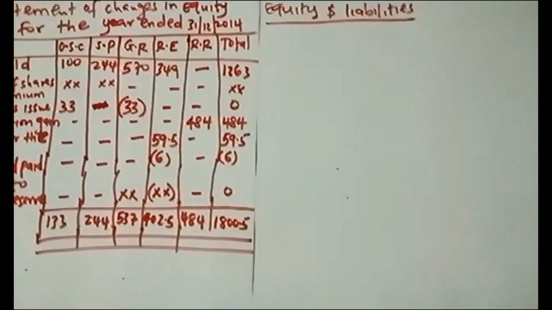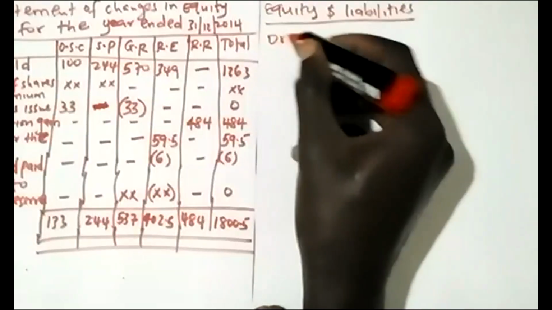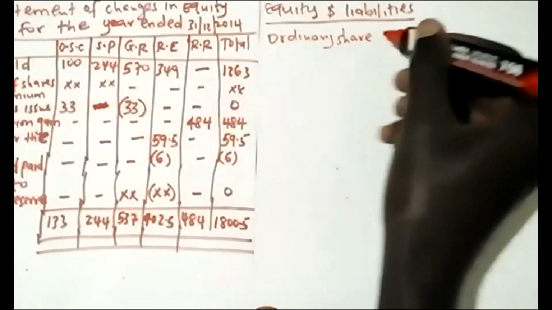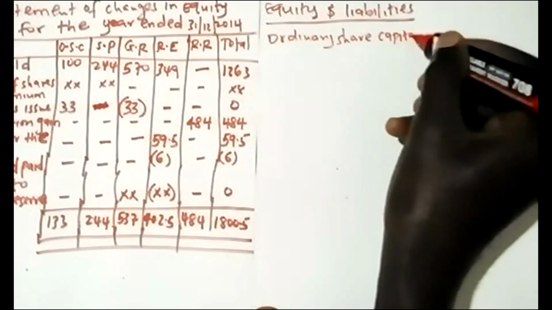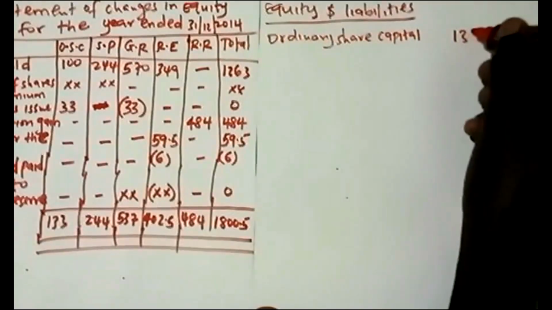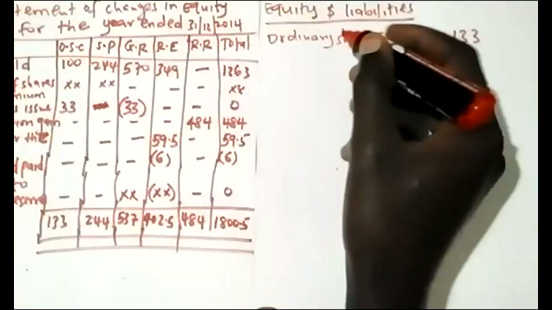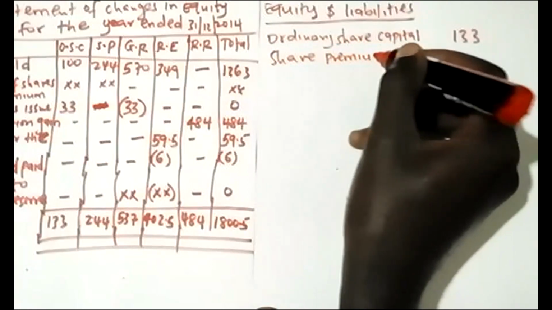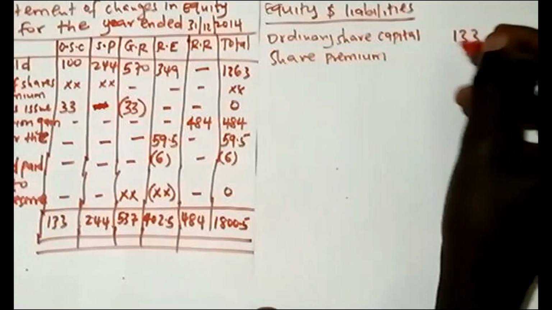So this was our statement of changes in equity. Ordinary share capital is 133. We have share premium. Share premium is 244.